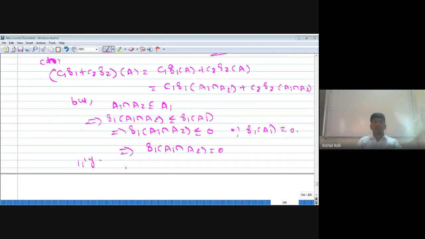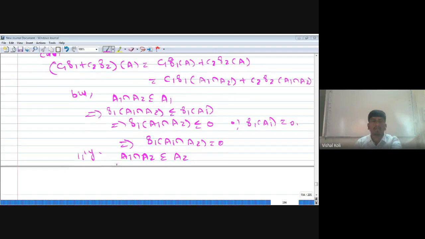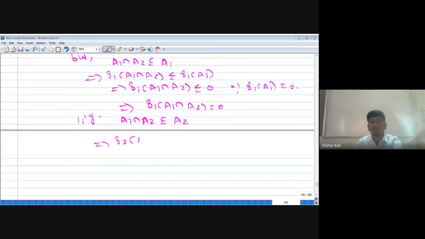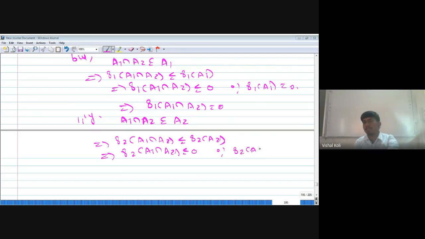Similarly, A1 intersection A2 is also a subset of A2, which implies gamma 2 of A1 intersection A2 is less than or equal to gamma 2 of A2, which is 0. Therefore gamma 2 of A1 intersection A2 must be equal to 0.